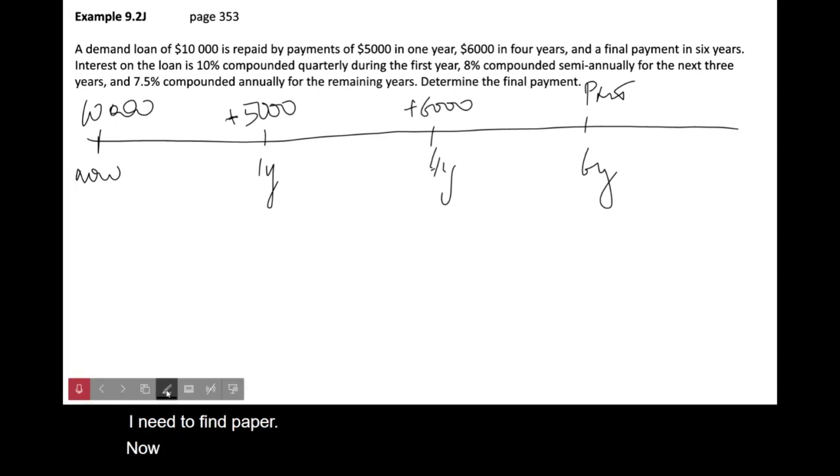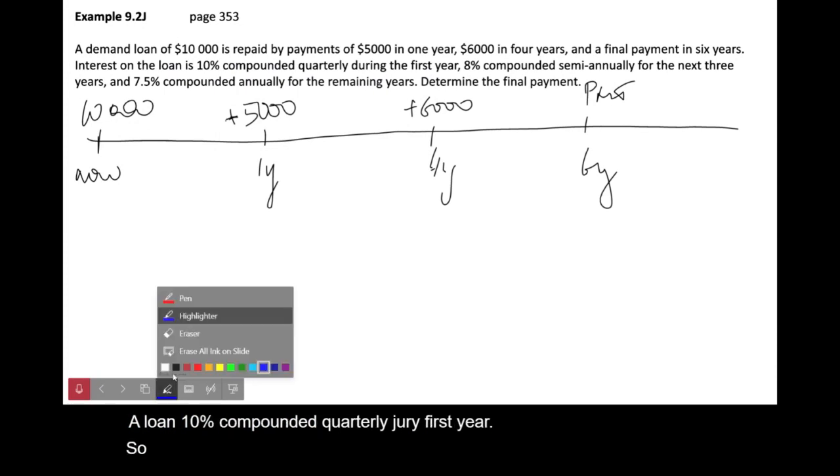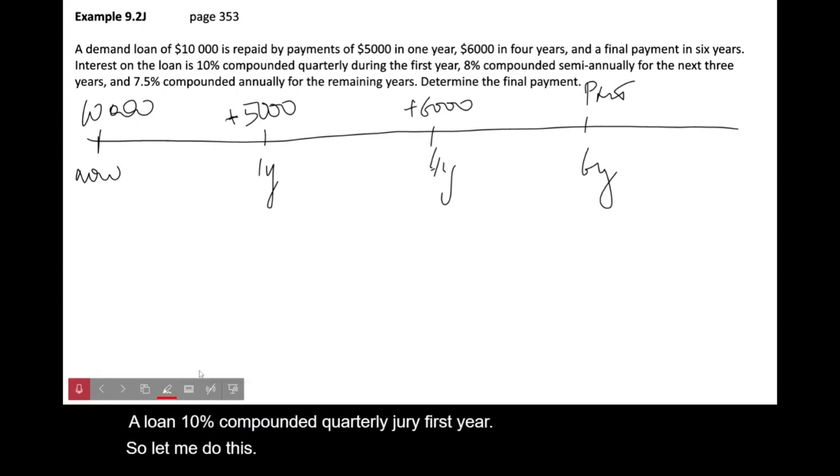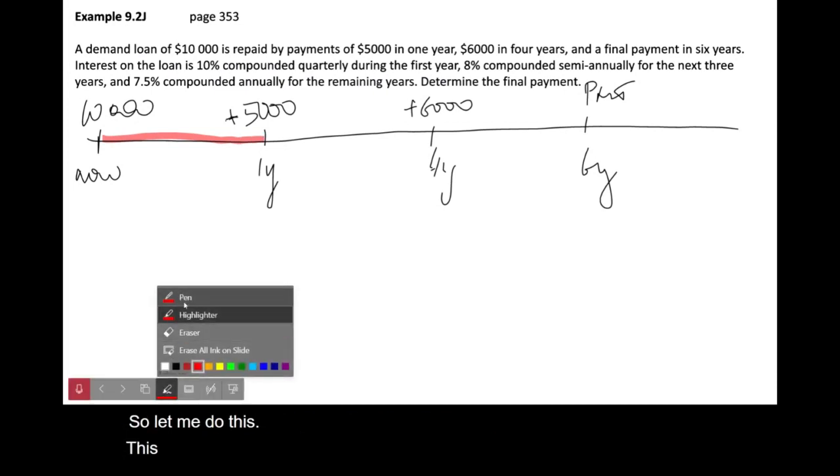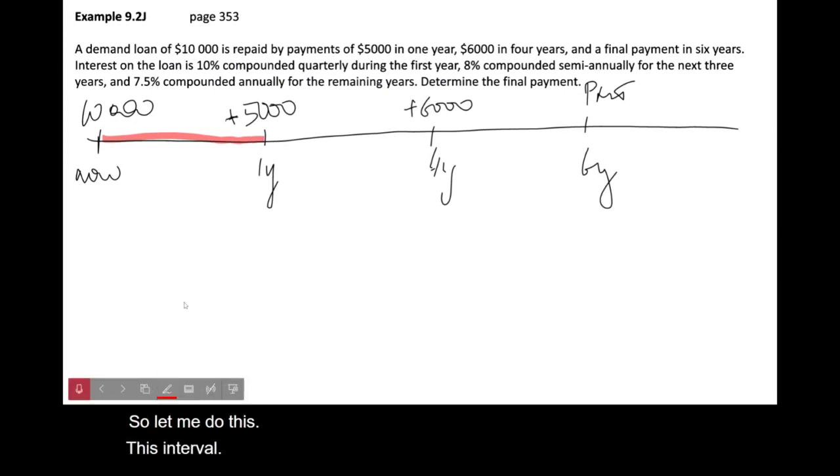Now let's work with interest. Loan 10% compounded quarterly during the first year. So let me do this. This interval, I have J4 10%.